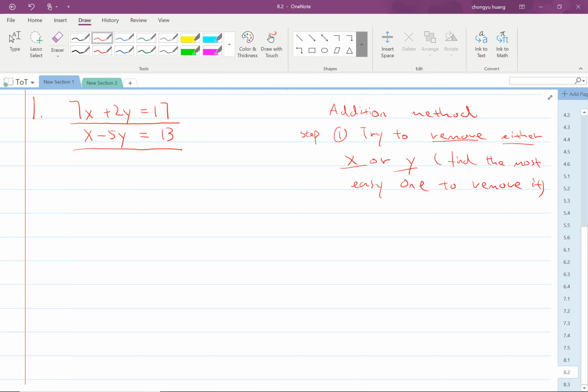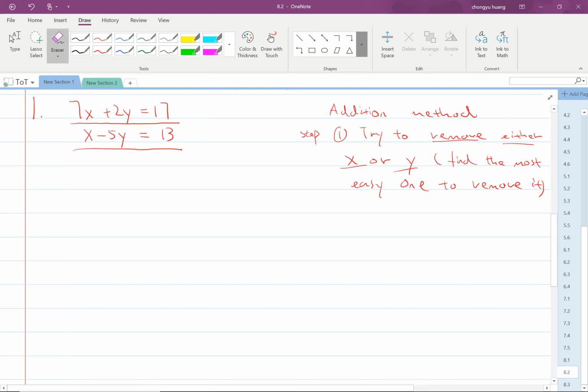Let's go back to the question. The easiest one to remove here is x. Why?